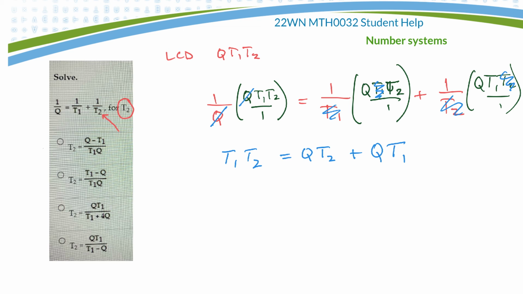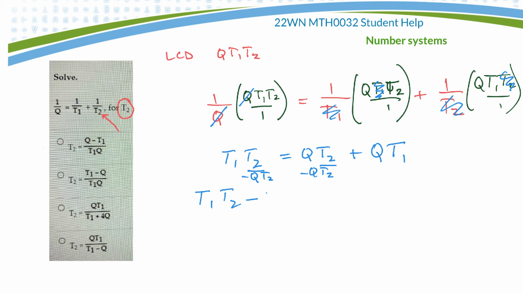Now I've got my T2 on the top, but I've got a problem in that there's two T2s. But we've done that before to solve. If I want to solve for T2 and there's two of them, I want to get them on the same side of the equal sign and then factor out. So I'll have T1 T2. I'll subtract Q T2 on this side and subtract Q T2 on this side.